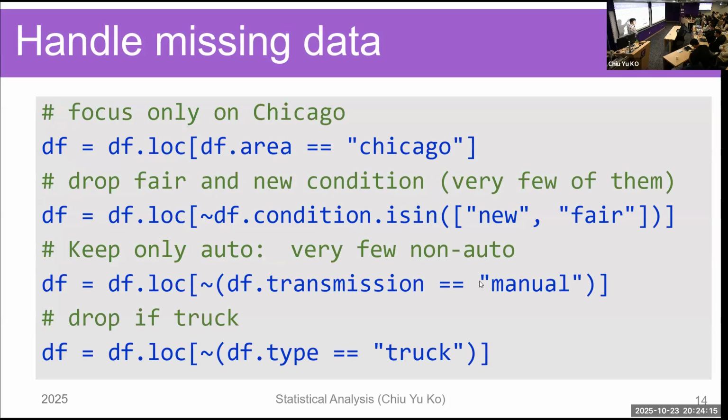The condition is not new or fair, because I want to ignore them. So I use the negation, meaning not. And I also don't want manual, so that's why I take out the manual. And I don't want truck, so that's why I have not truck. Okay. Is that clear? I think the code is very intuitive.